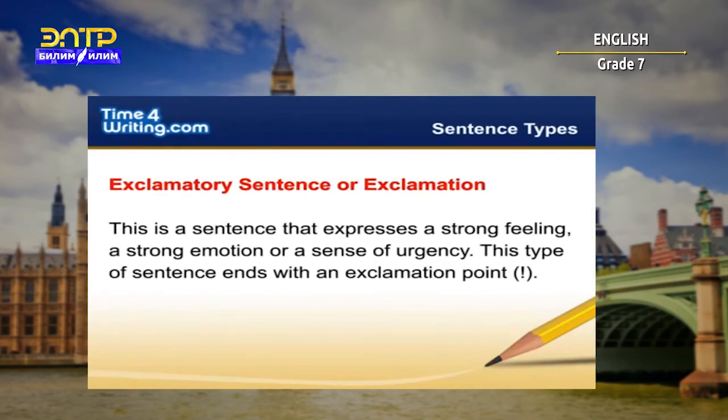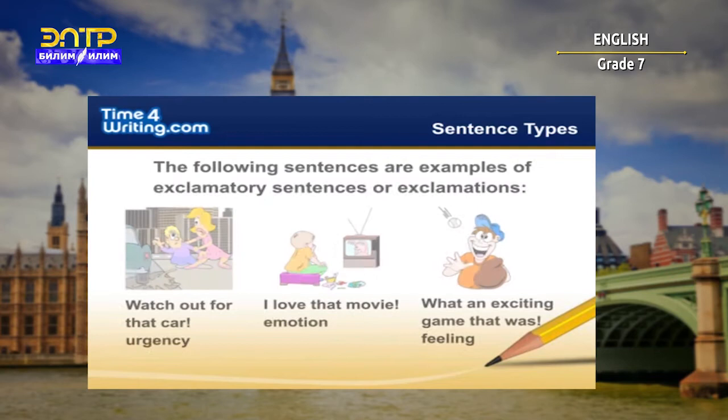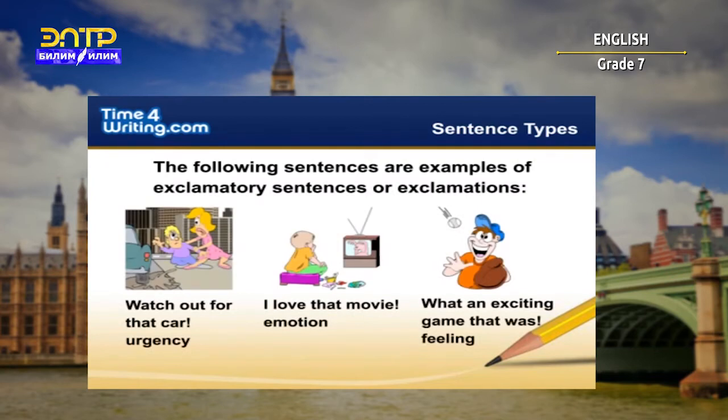Exclamatory sentence or exclamation. This is a sentence that expresses a strong feeling, strong emotion, or a sense of urgency. This type of sentence ends with an exclamation point. The following sentences are examples of exclamatory sentences or exclamations. Watch out for that car. That's urgency. I love that movie. Emotion.